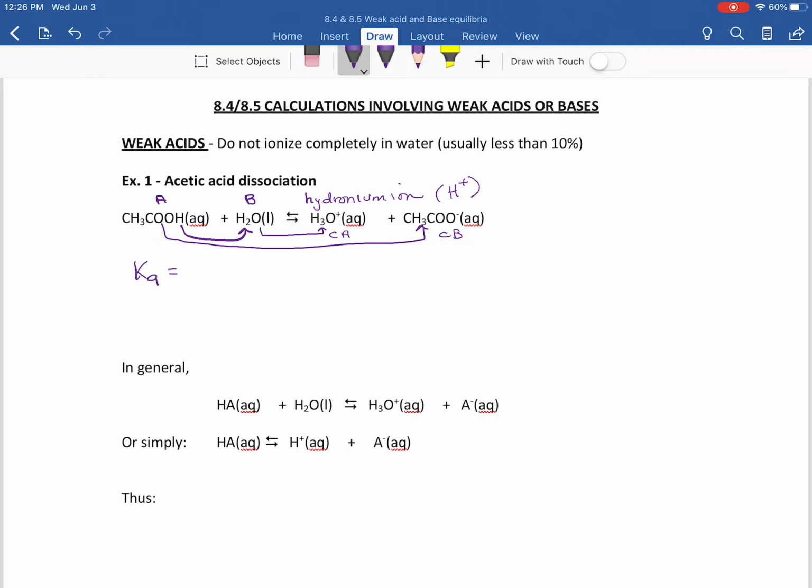So when I look at the value for the Ka, we use the equation products over reactants. So we can say my product, my hydronium ion, multiplied by the concentration of the acetate ion, my conjugate base, all over acetic acid.